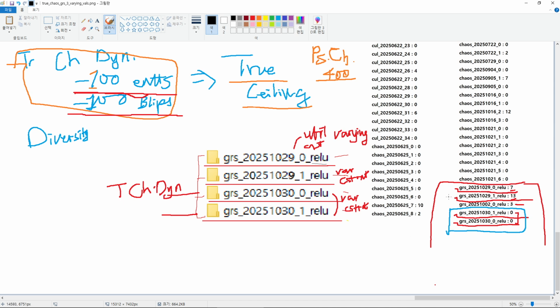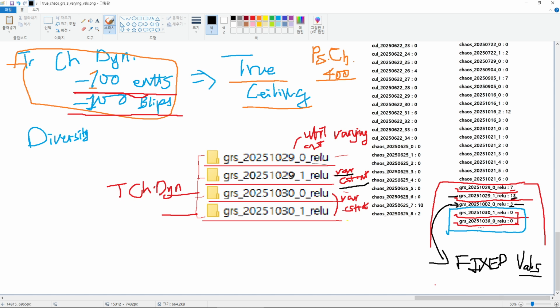If you look here, when we used varying constraint values only, this gave us 13 unique true ceiling chromosomes. And when we compare that to the 3 we got from one of the other grid search results that I think I covered in my second last video, this is where all the values were fixed, and I got 3.